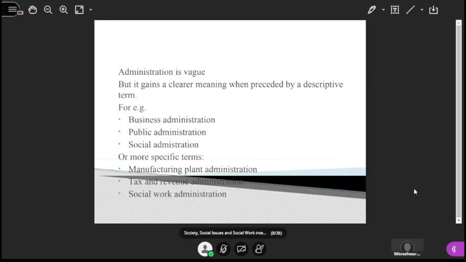Alors, administration is vague, but it gains a clearer meaning when preceded by a descriptive term. Alors, for example, business administration, public administration, social administration, or more specific terms like manufacturing plant administration, tax and revenue administration, social work administration.